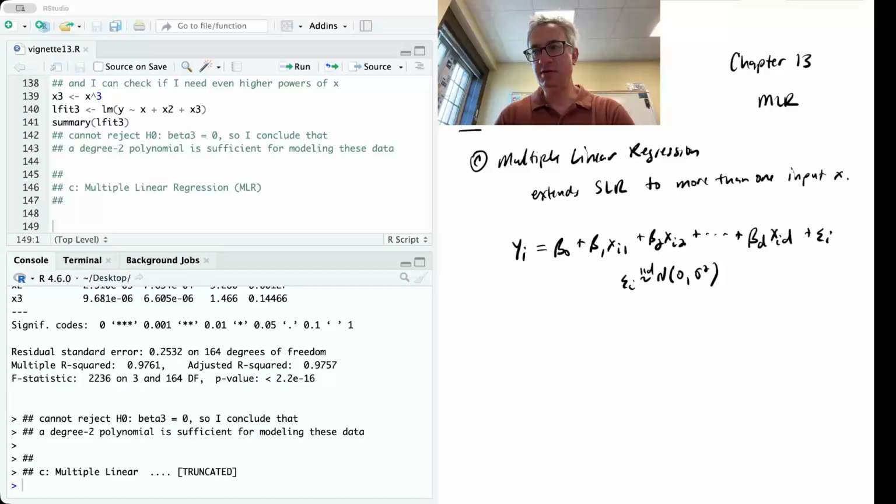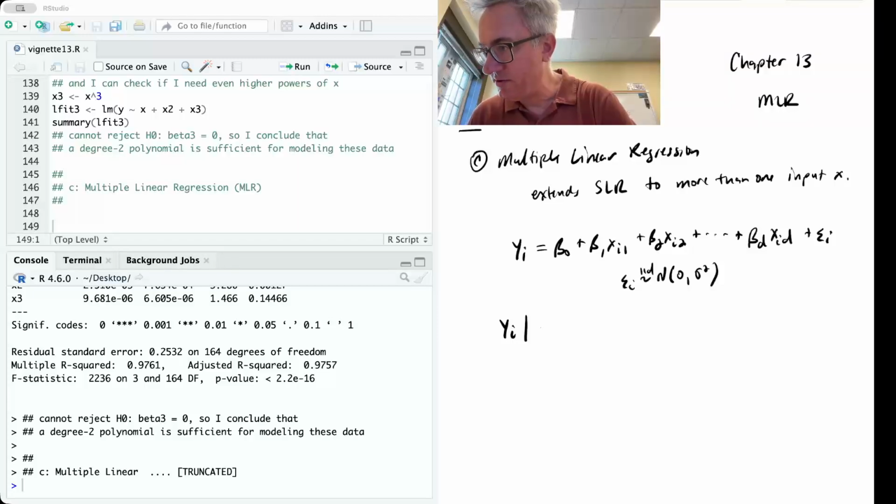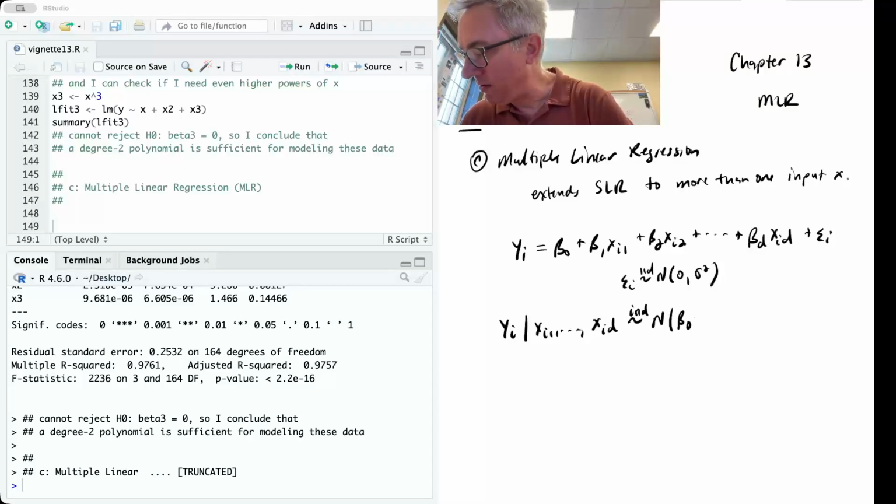Okay, so that's the setup. Just like in chapter 7, we can write this another way, actually two ways, but here's the first one. So I have the x's on the right-hand side of a conditioning bar for y, so that I can go directly into the Gaussian with a particular mean.